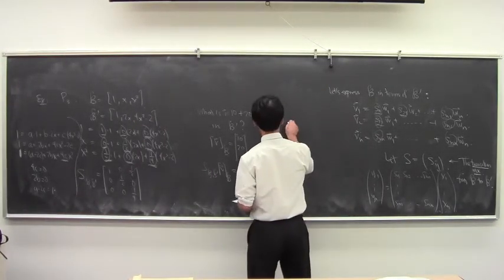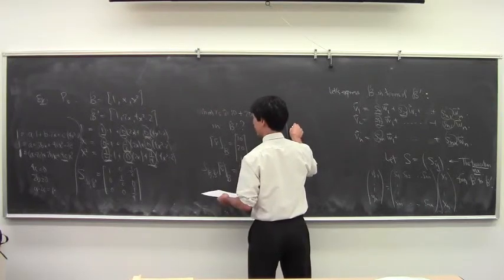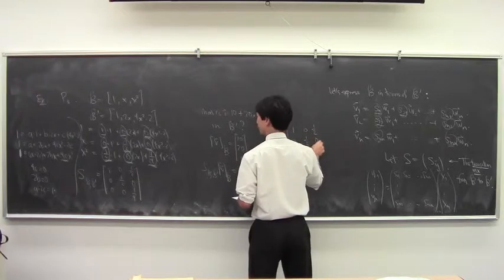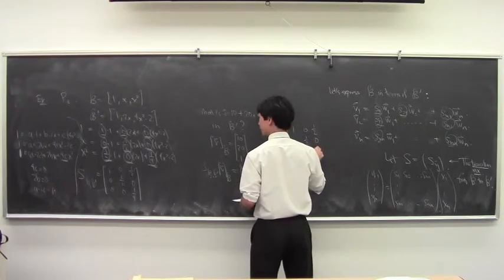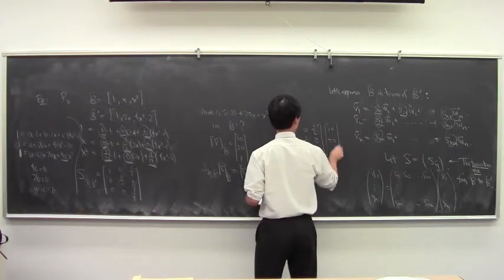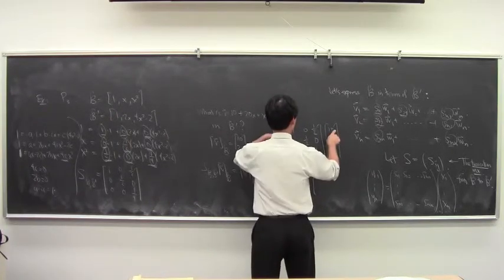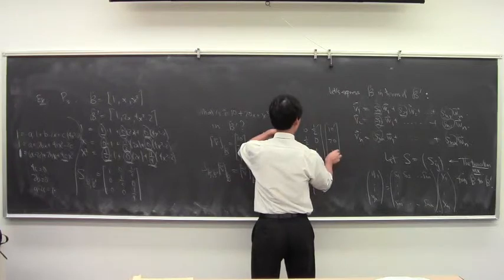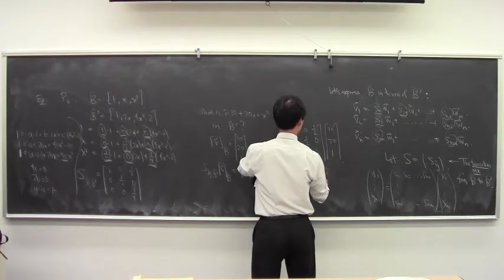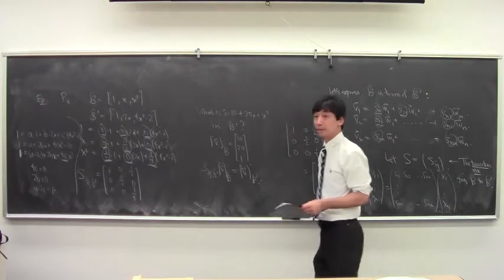So with respect to the new basis, it's going to be 1, 0, 1/2, 0, 1/2, 0, 0, 0, 4, 0, 0, quarter, times 10, 21. You work it out. I get 10 and a half, 10, and a quarter.